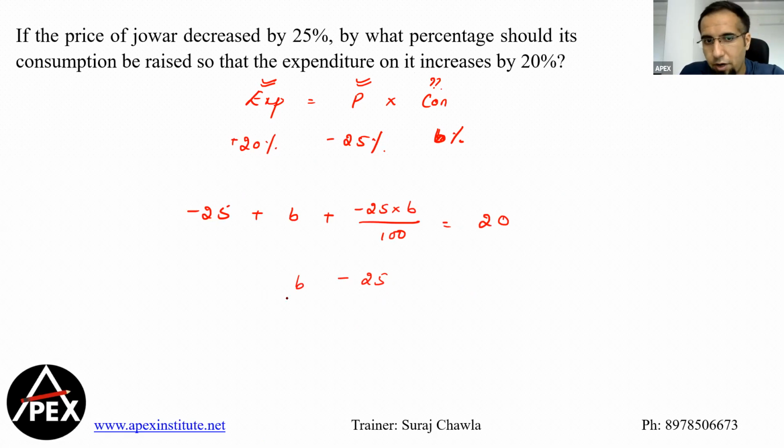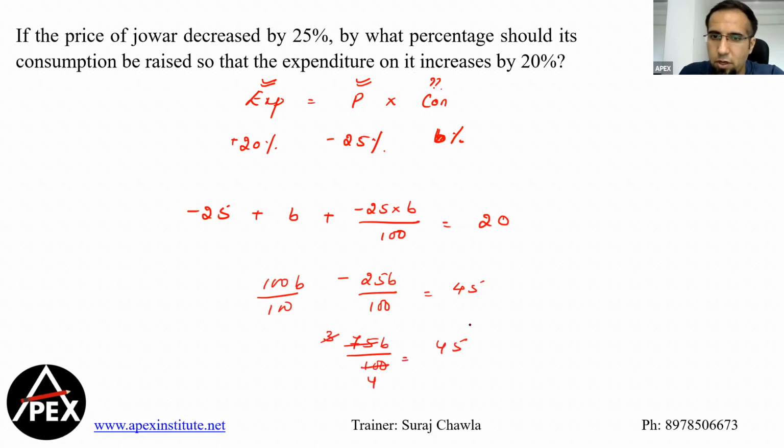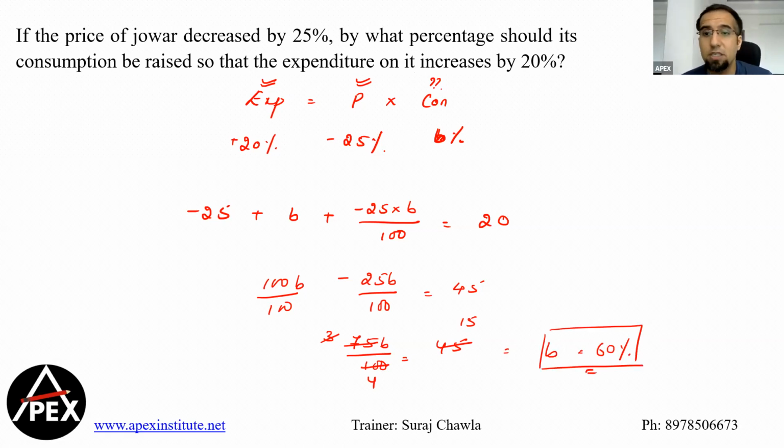I can write this as 100B by 100, so if you subtract, you get 75B by 100 is equal to 45. 25 threes are 75, 25 fours are 100, so the value of B is going to be 15 into 4, that is 60%, which means only if the consumption is increased by 60%, this target would be attained. So this is the reverse application of this process.